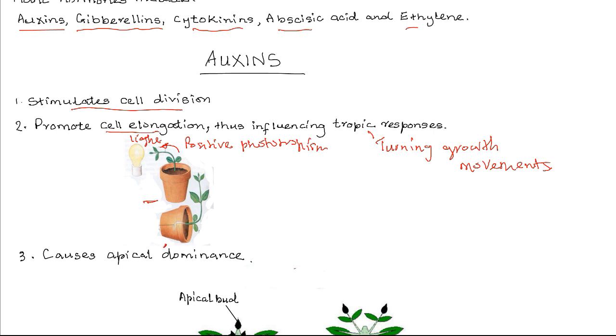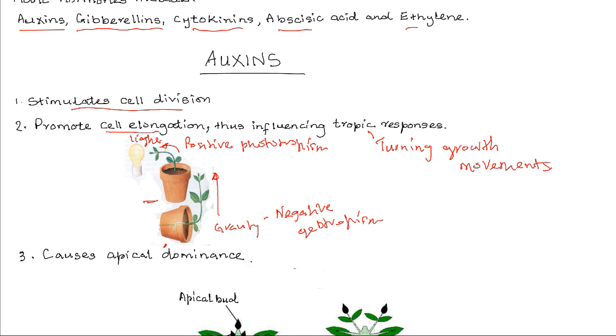On the other hand, in this other setup, the shoot grows away from gravity. So this is said to be a case of negative geotropism. So this turning or bending of the plant parts is what is known as tropism.